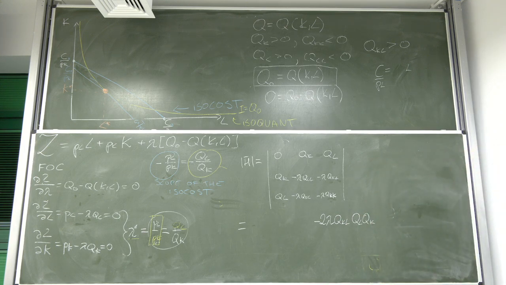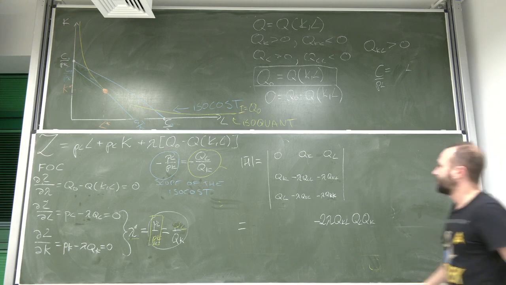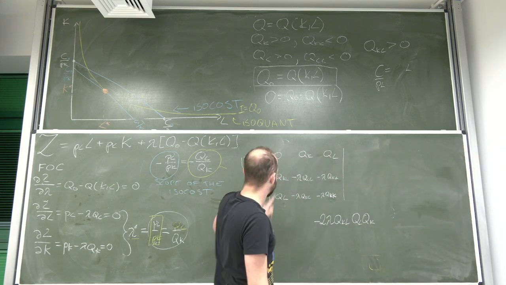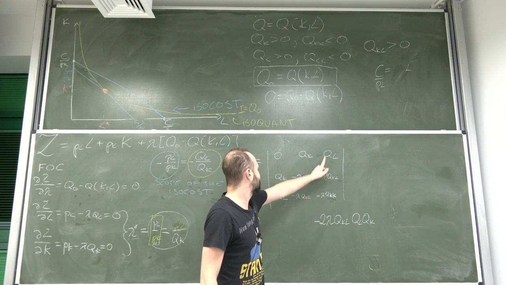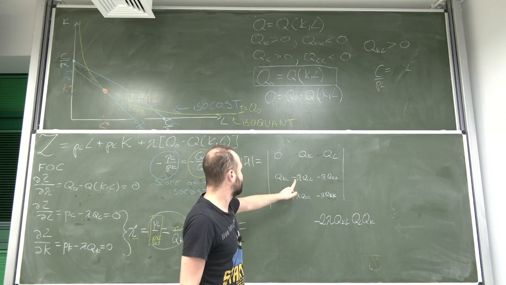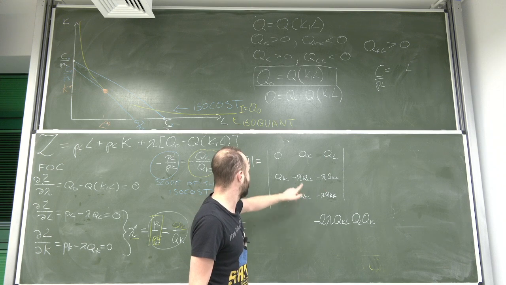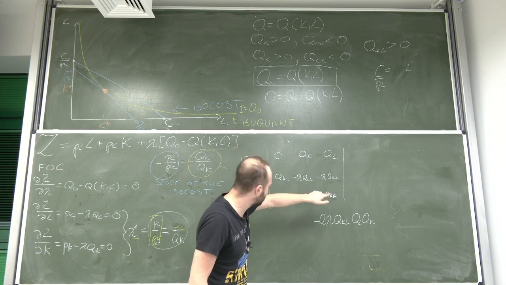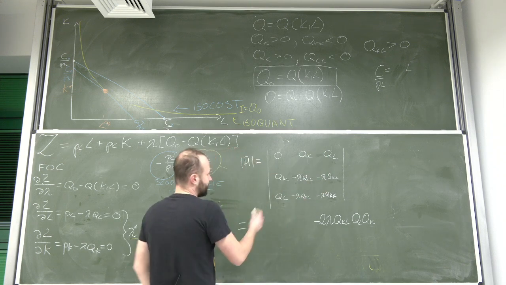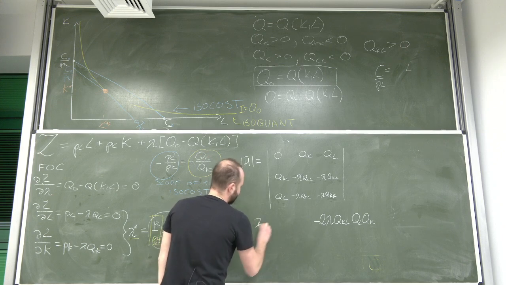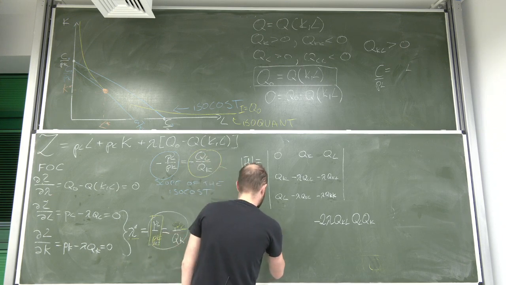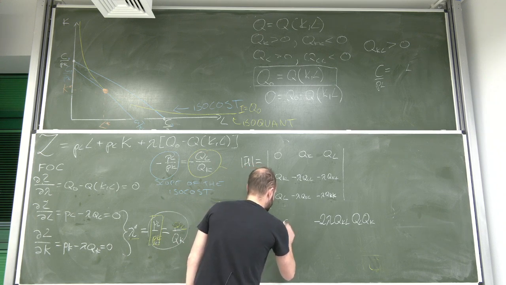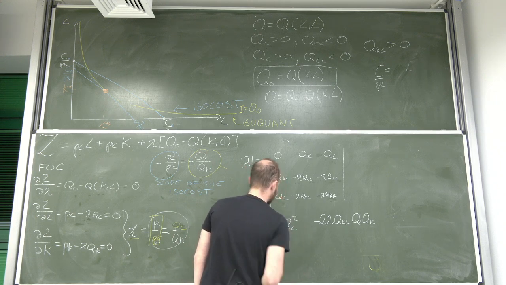Okay. Then what else? Then we can calculate going upwards. So we have QLL times QLL times negative lambda QLL, and with minus in front, so it's going to be plus. So we've got lambda times QLL times QL squared.